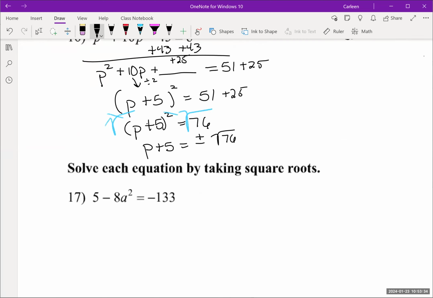And I'm going to subtract 5. P is equal to -5 plus or minus square root 76.